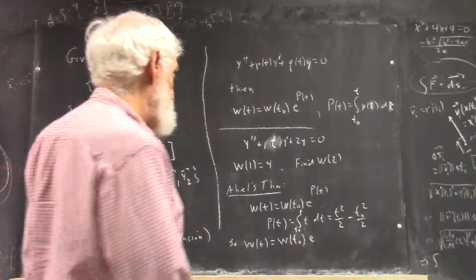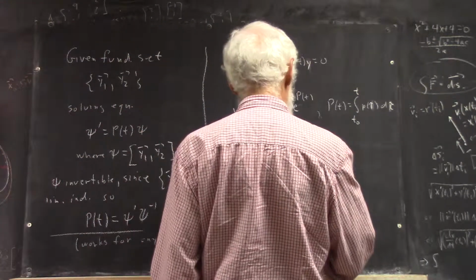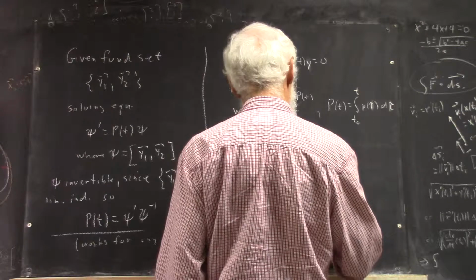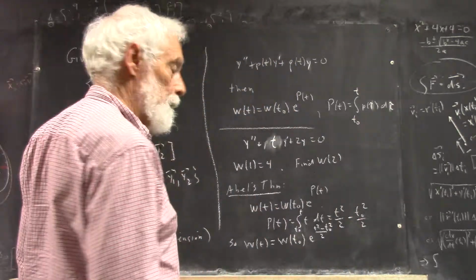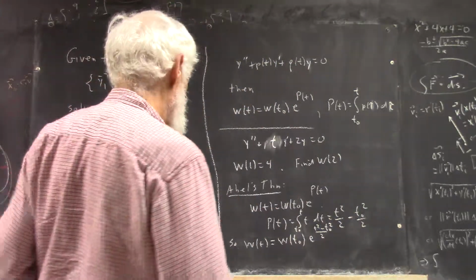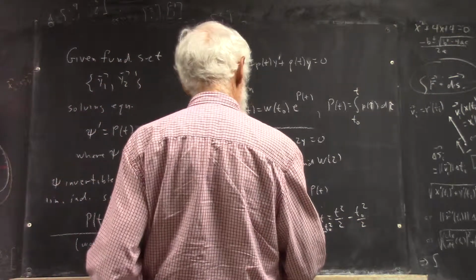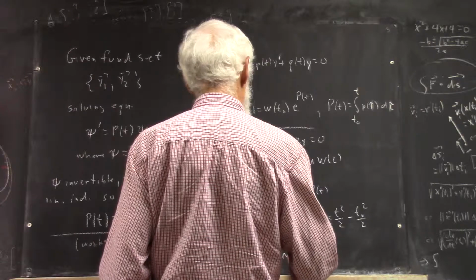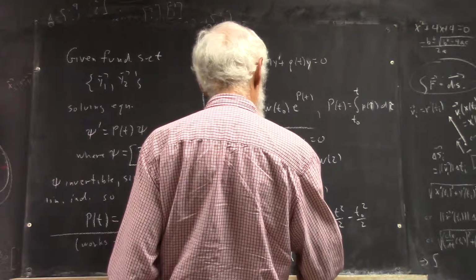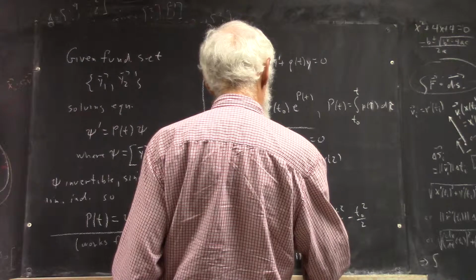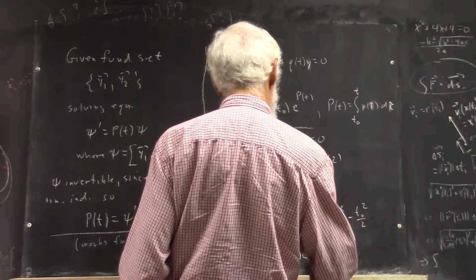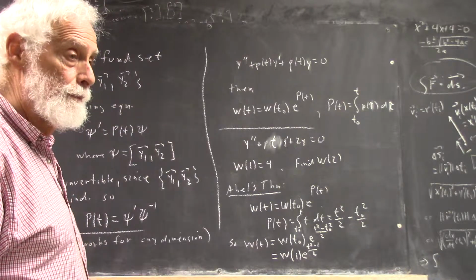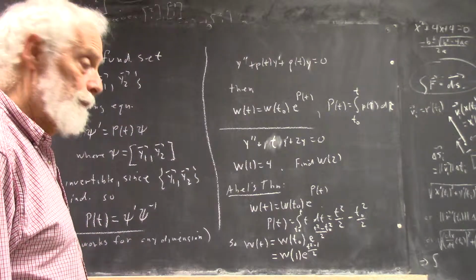Okay? So it's e to the t squared minus t naught squared over 2. Among other things, this equals W of 1 e to the t squared minus 1 over 2. And then we're going to multiply both sides by 2 to clear the fraction.